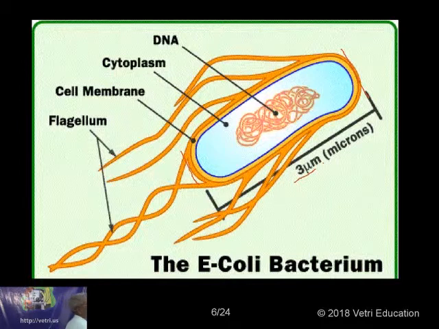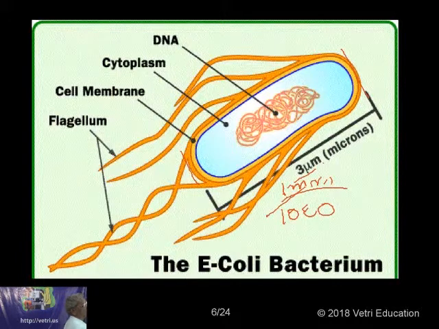You know, 1 millimeter divided by 1000 is 1 mu. Okay, microns. 1 mu is equal to 1 millimeter divided by 1000, and so this is 3 mu in its size.